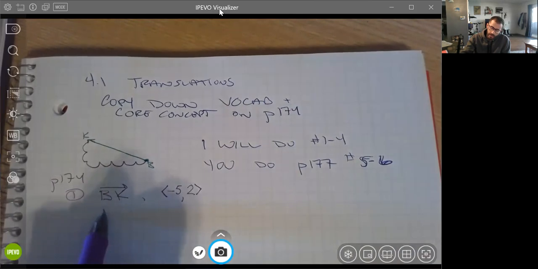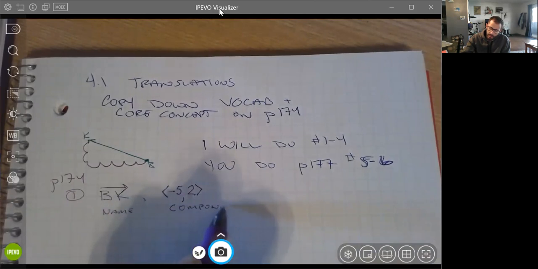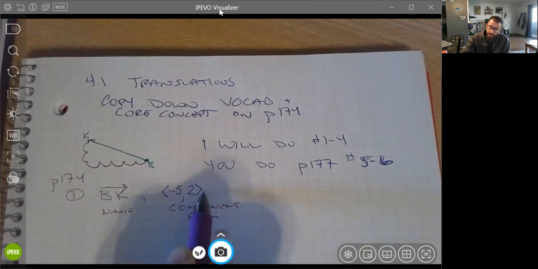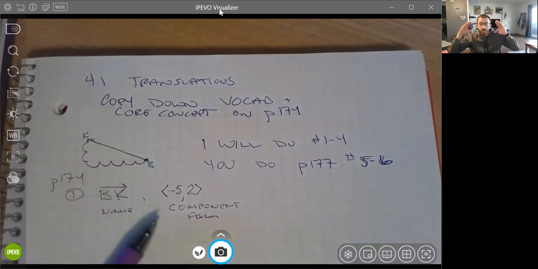So here is the name of this vector, and here is it in component form. Keep in mind, not parentheses. Make sure you know that. If this was a point, I would have parentheses, -5, 2. This is not a point, it's component form. So I have those arrow kind of things, -5, 2.